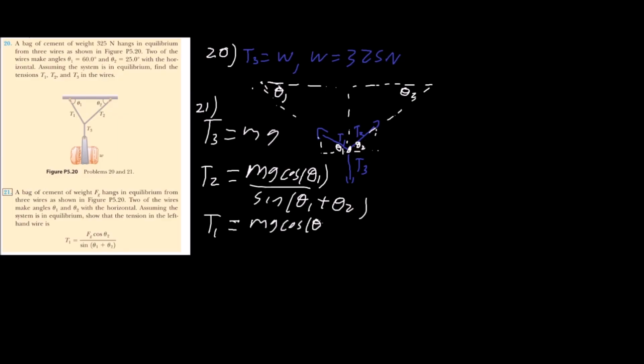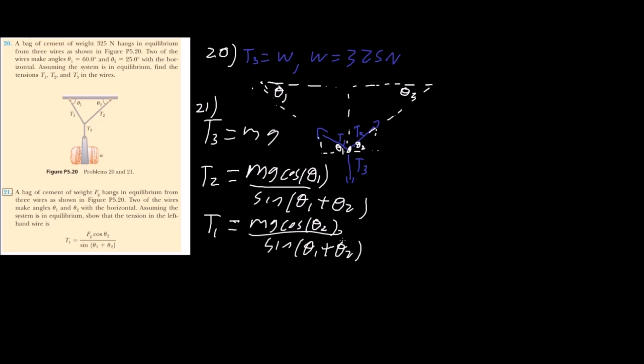So T1 is going to be mg times cos of theta 2 over the sine of theta 1 plus theta 2. All right, so I'm going to put mg, 325, divided by sine of those two angles, which is going to be 85 degrees.